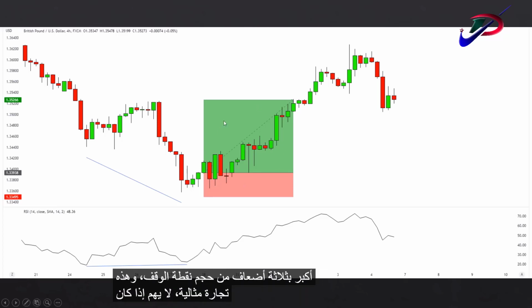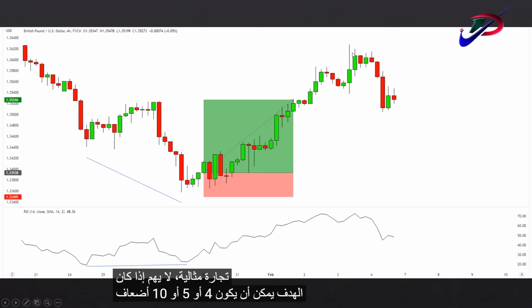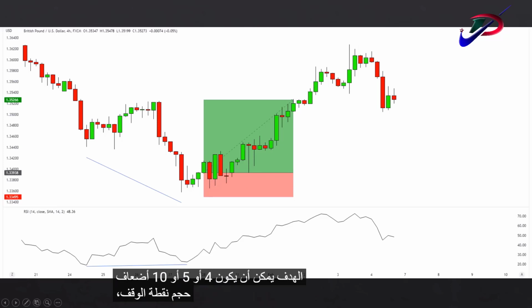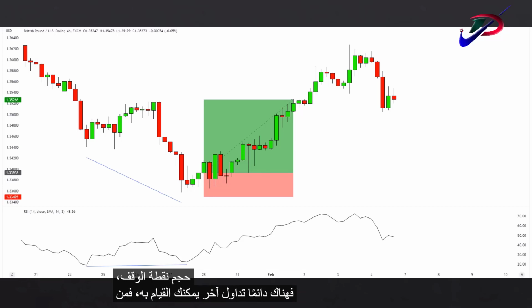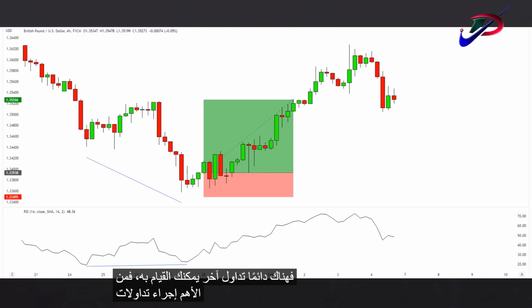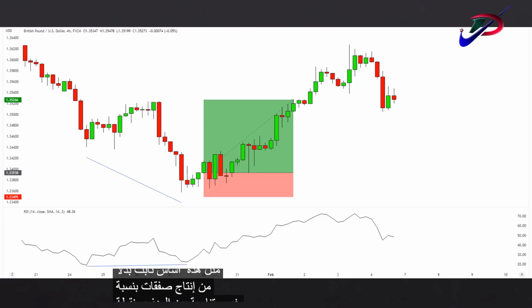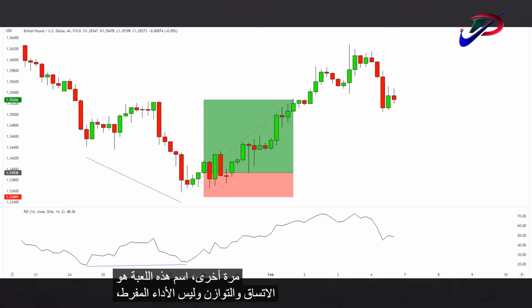It doesn't matter if the target could have been 4, 5, or 10 times the size of the stop. There is always another trade you can take. It's more important to make trades like this on a consistent basis rather than producing trades with a disproportional ratio between target and stop. Once again, the name of this game is consistency and balance, not hyper-performance.